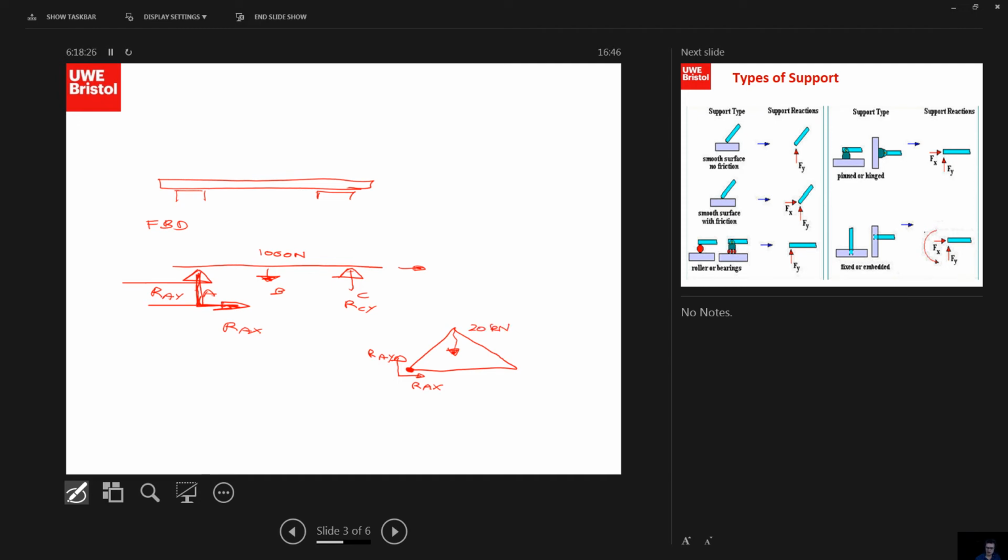And we would need to then support the other timber to stop the roof collapsing, so we'd have our RBY located there and my C location there. So that's another example of a free body diagram. So these are examples of free body diagrams.